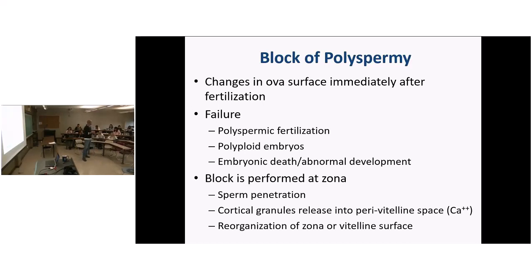That triggers the cortical granules to fuse outwards towards the plasma membrane of the oocyte, and that triggers a chain reaction by which you widen the space, harden the zona pellucida, and make the zona pellucida lose some glycoproteins. All of a sudden, no more sperm cells are able to enter the cell.